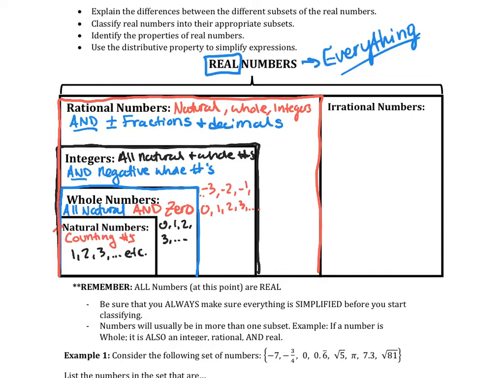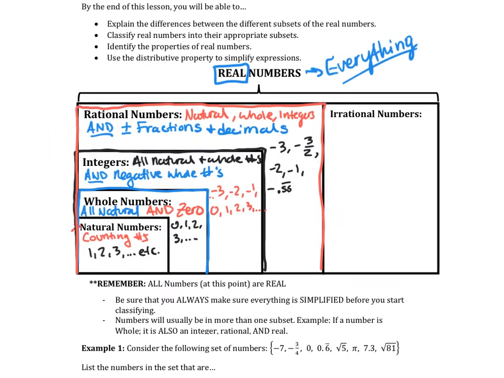So this would be like we add in -3, -3 halves, -2, -1, -0.55 repeating, 0, 1, 1.23, 3/2, and so on. So positive and negative fractions, decimals, whole numbers, positive numbers, integers, 0, all that fun stuff.